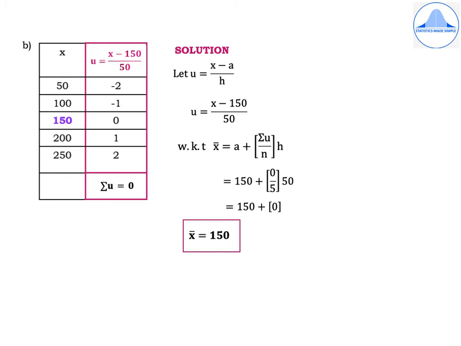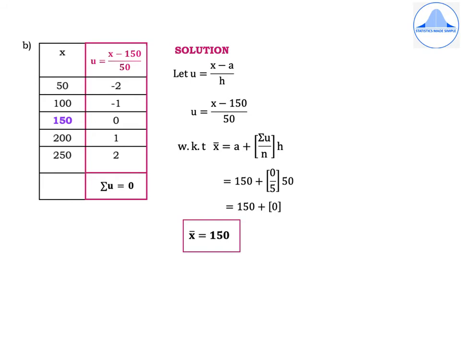Subdivision B, the x values are 50, 100, 150, 200 and 250. Starting with the solution, for the step deviation method, let u be equal to x minus a divided by h. A is the middlemost x value, which is 150, and h is the difference between the values in the x column, which is 50.